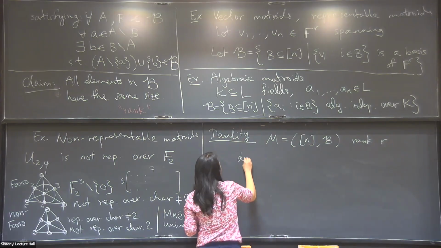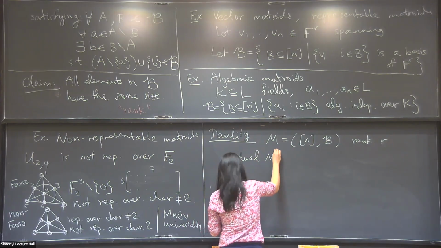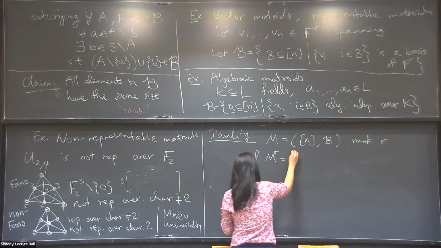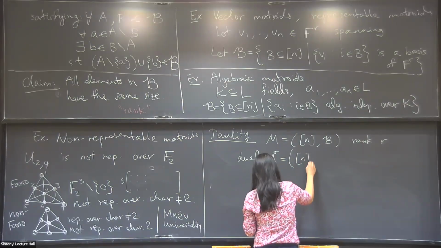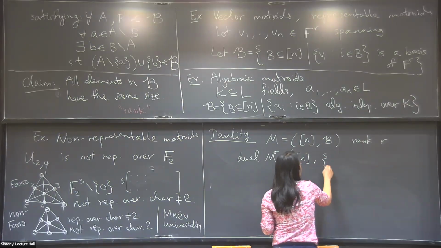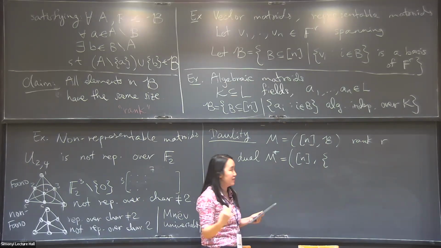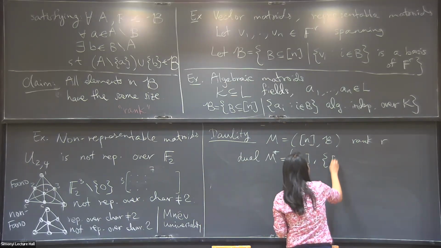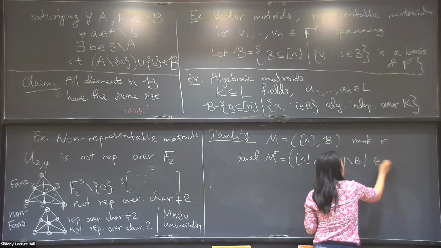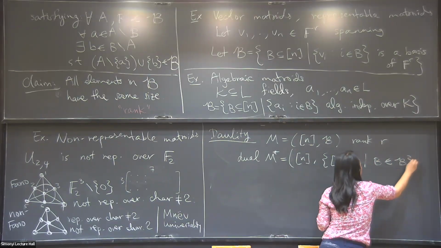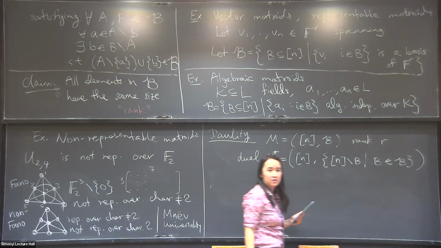And then the dual matroid M star is a matroid on the same ground set where the bases are given by complements of bases. And so these are complements. This is the letter B. Yes, this is the dual.